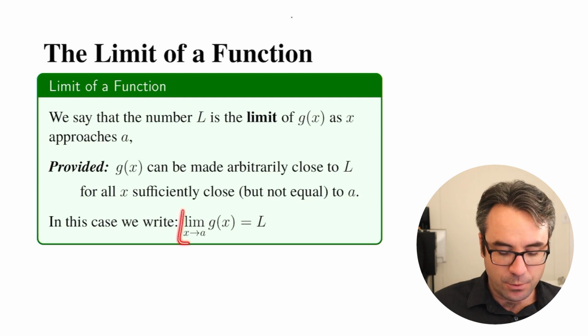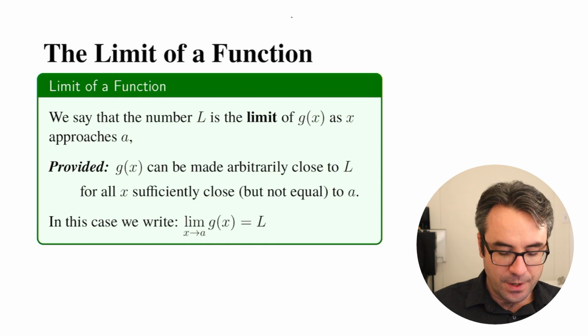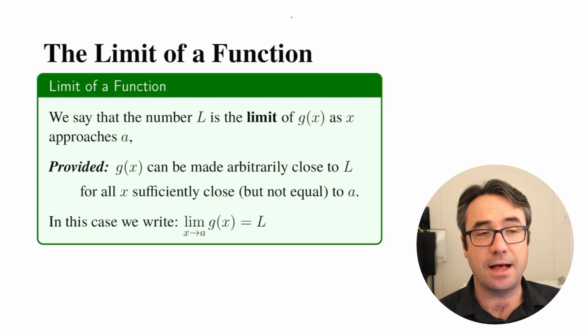And the notation that we're going to use is right here. We read it as the limit of the function g of x as x approaches a, and this limit is equal to L.